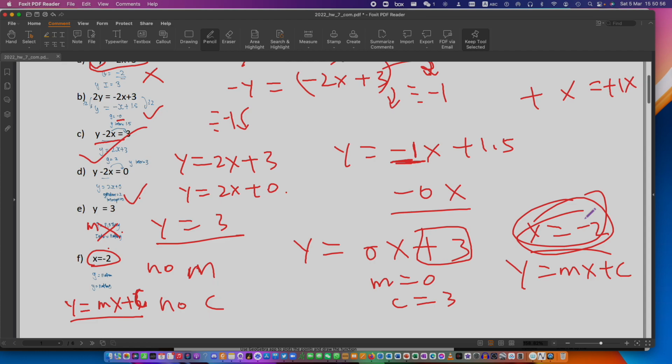So when it does not even have a y, nonsense. It does not even fit into this format. For this one, it fits. Can you see it fits? Why it fits? You can write down, ma. Right? So you have the y, right, and then the 3 you can put at the back. Then here is 0x. Okay, it still fits this.